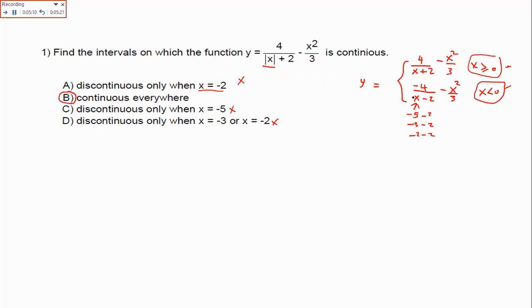So instead of putting negative x over here, I just put x minus 2 and then multiply it by negative 1 on the top. That gave us negative 4 over x minus 2. Then we just have to look at the discontinuities that they're mentioning, and we found no discontinuity. So all of these are wrong. The only one that's right is B. Any question about this question?